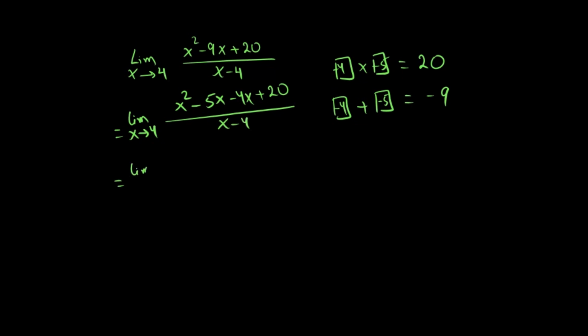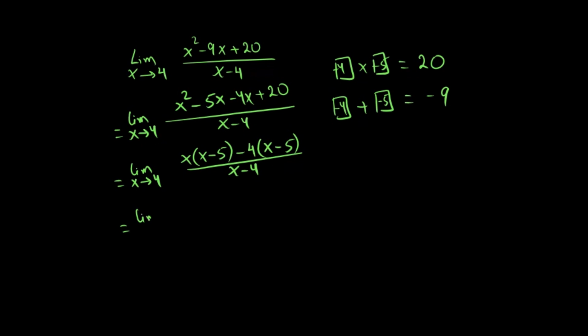I will write limit x going to 4 again, and between the first and the second term, x is a common factor. It comes out, and inside the bracket we have x minus 5. Between minus 4 and 20, minus 4 is a common factor. So in the bracket we have x minus 5 over x minus 4.